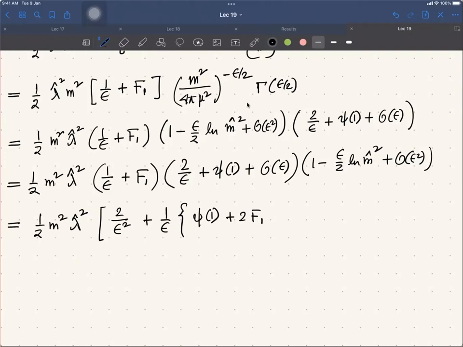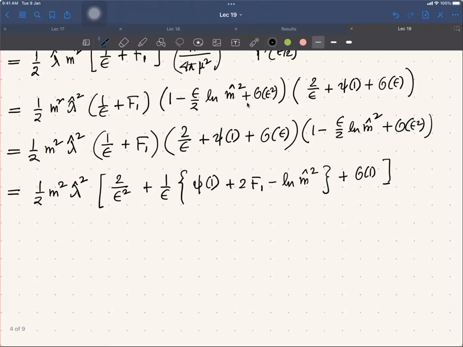And there is another source of 1 over epsilon term, which is if you multiply this one and this one. So that will be minus log m hat square. Right? Plus order 1, which we are not calculating.